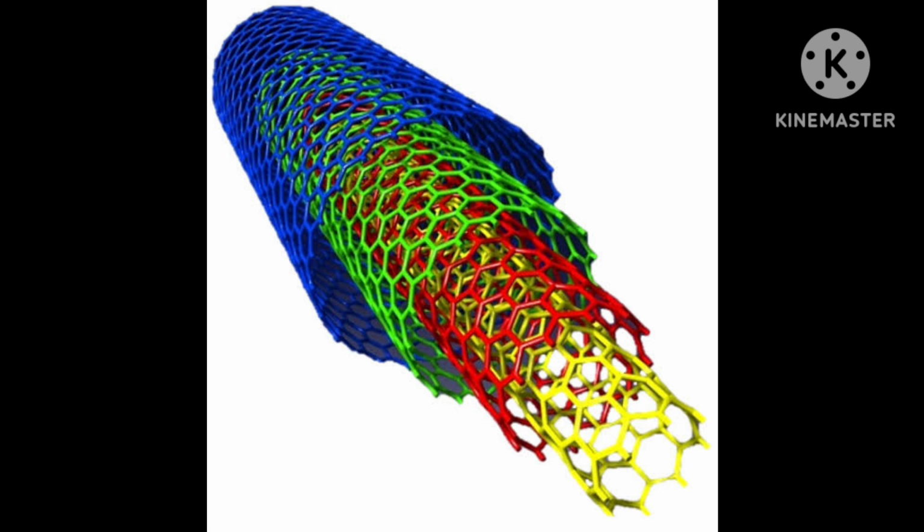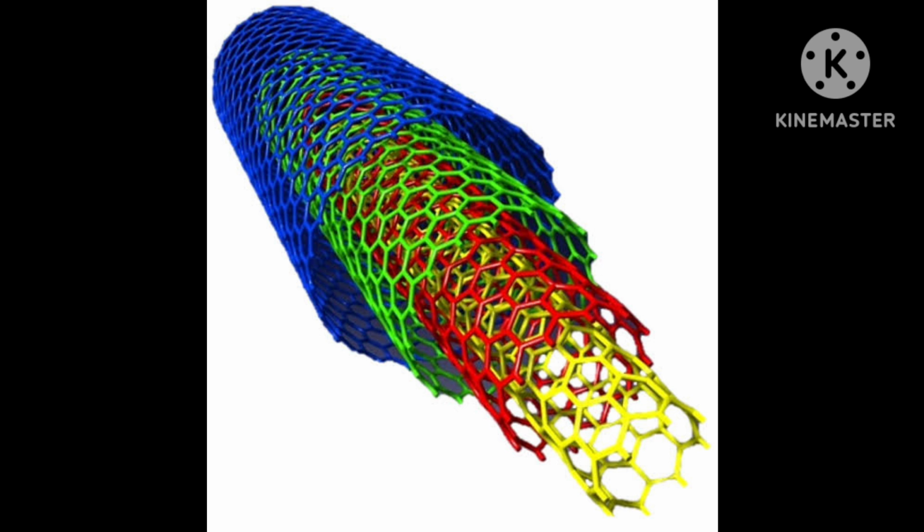Actually, there are three types of nanomaterials. First is zero dimension.